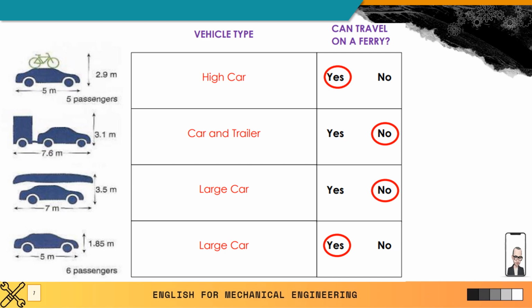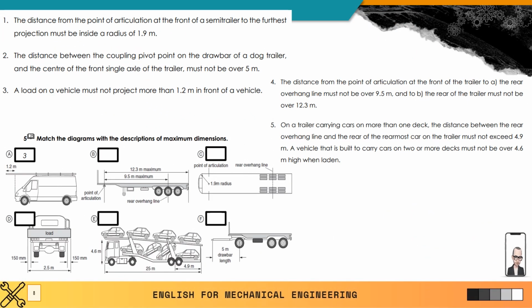Let's move on with some more reading. In our next task here, we will have to read these descriptions and match them with the correct parts of the diagram. Now, as you will see, there might be some new words, but as I always say, don't worry about new words.